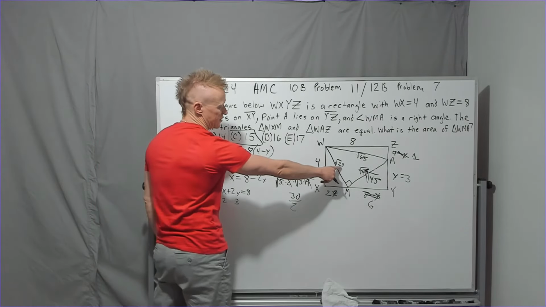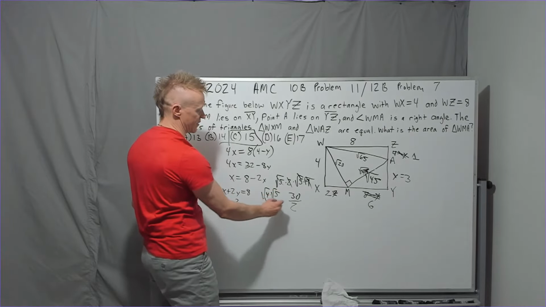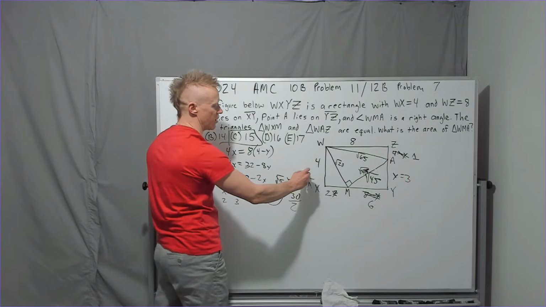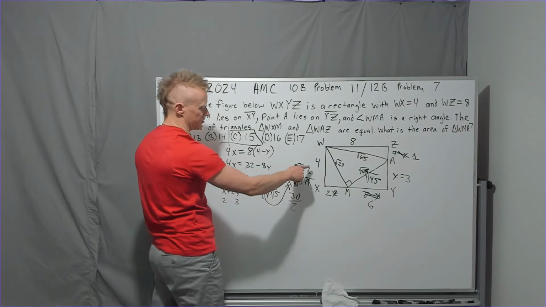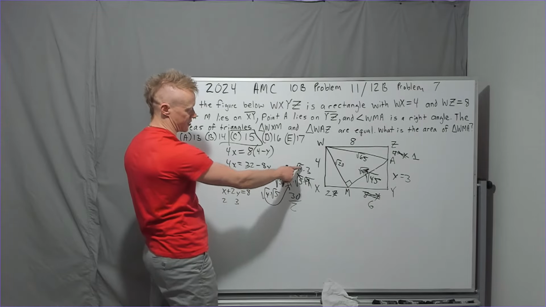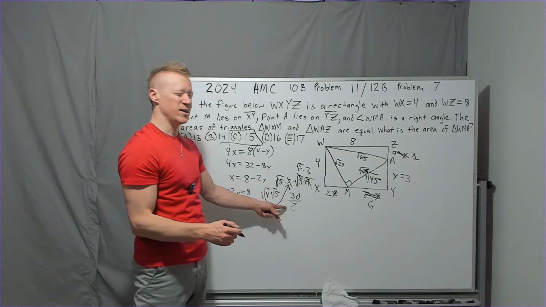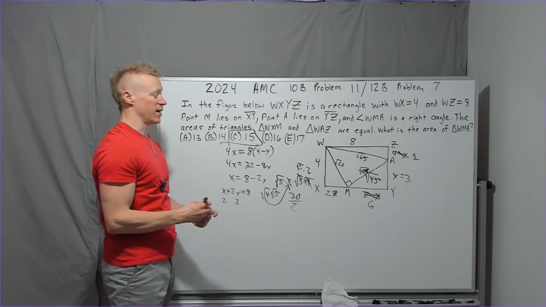So basically the root 20 is root 4 times root 5. I saw the 2. Here I was trying to make it the right way, but I wrote it the wrong way. I should have written 3 times root 5, and so 3 times 2, 6. Root 5's multiplied gives you a 5. 6 times 5, 30. Why are we dividing by 2? Half base times height. I'm sure you'll understand that's why the answer is C.